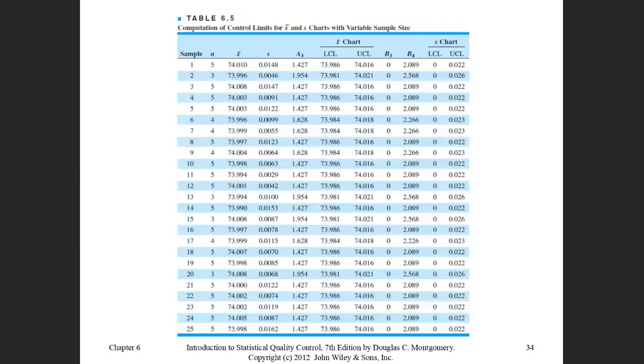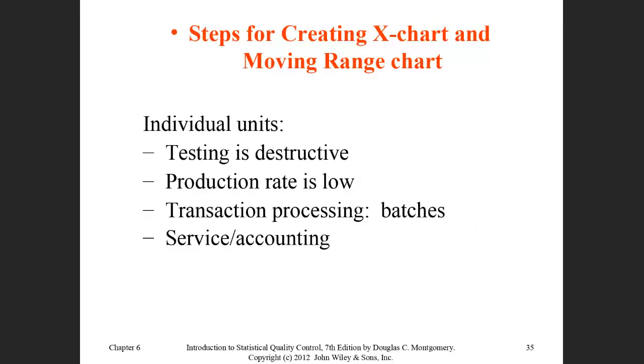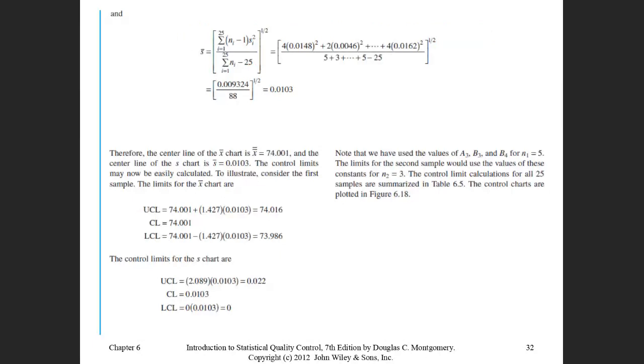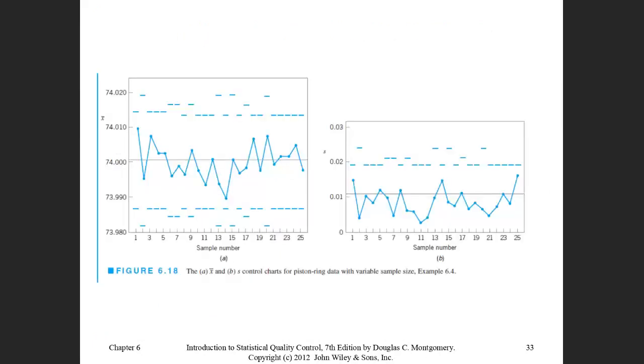Let's go back. Yeah, this is how it will look. You see how the control limits are here. Let me open the pointer. On the X bar chart, you see the dashes, those are the limits. The upper control limits are varying because the sample size is varying. The same for the lower control limits.